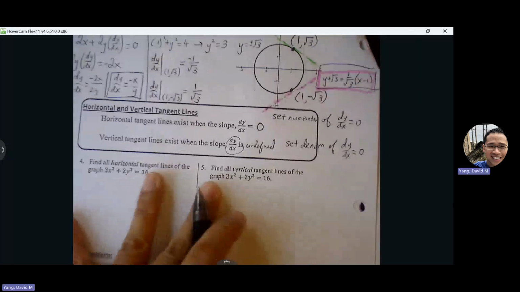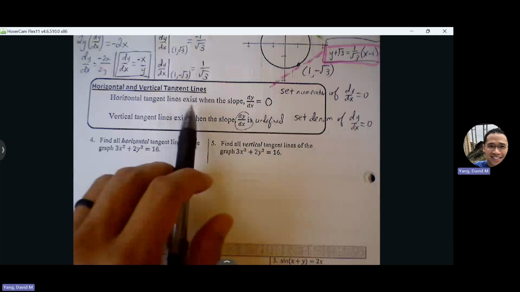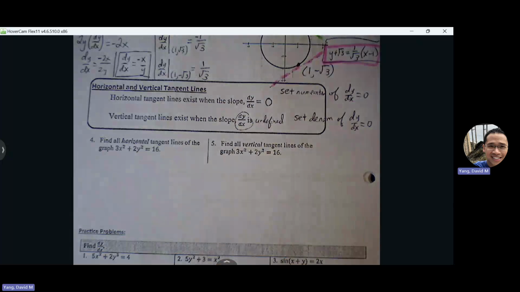So the numerator of the derivative will give you horizontal tangents. The denominator of the derivative will give you that vertical tangent where the slope is undefined.